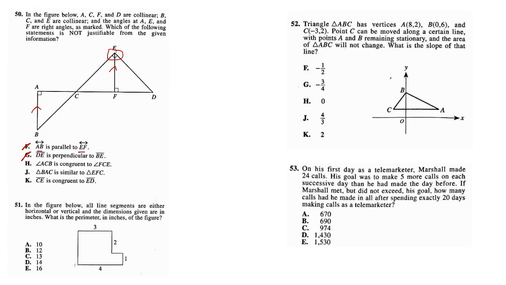Angle ACB, so we have ACB, this angle here is congruent to FCB. Well, yeah, those are vertical angles, so they are congruent there. So that one's correct because those are vertical angles. J, triangle BAC is similar to triangle EFC.